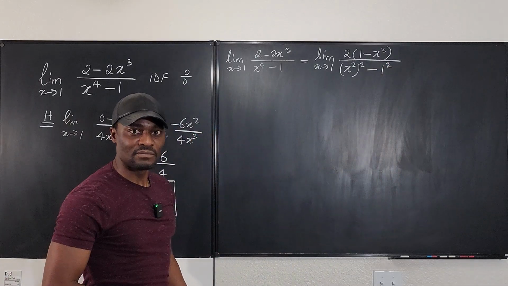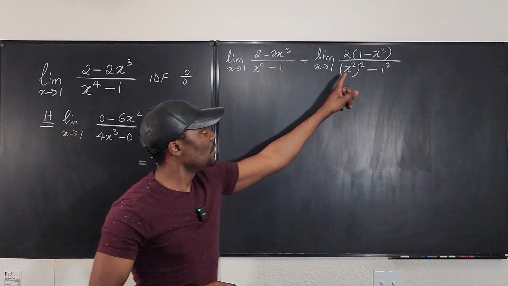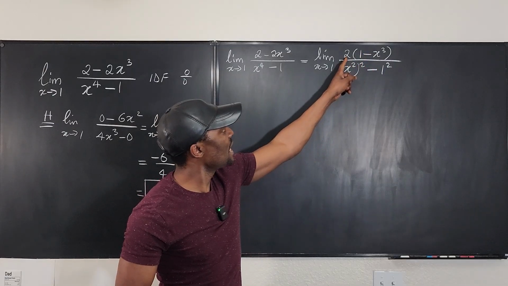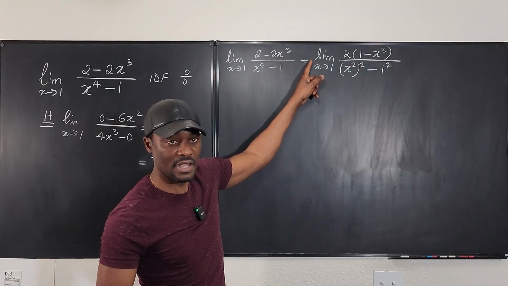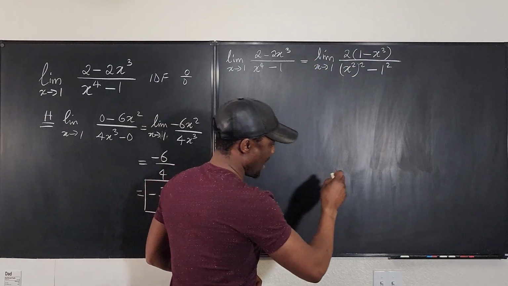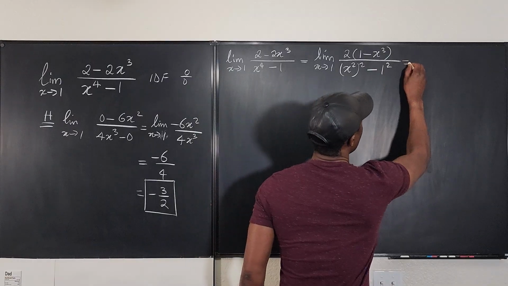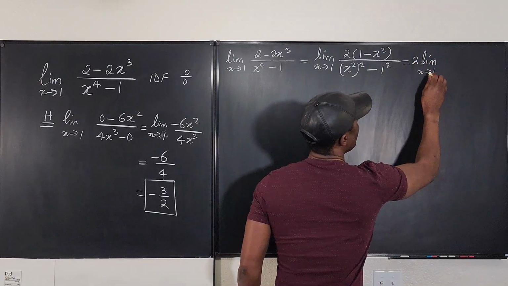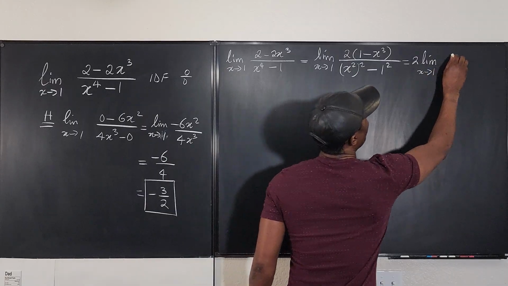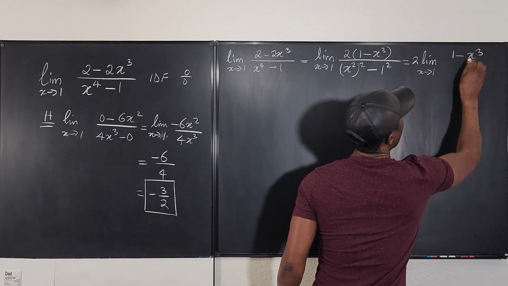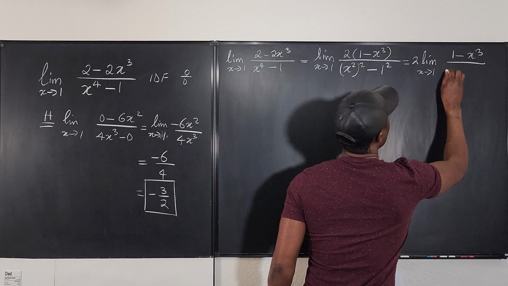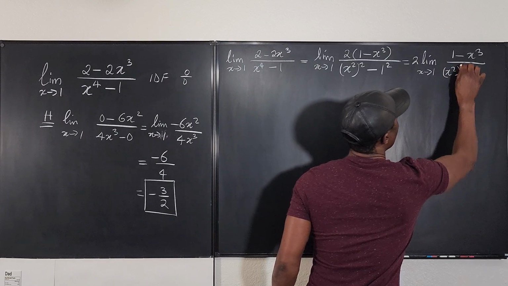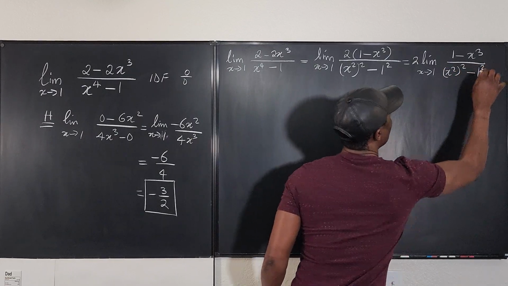Do you see that? Now, you see this 2 can come to the front because it's a constant. So we can say this is the same thing as 2 times the limit as x goes to 1 of 1 minus x cubed divided by x squared squared minus 1 squared.